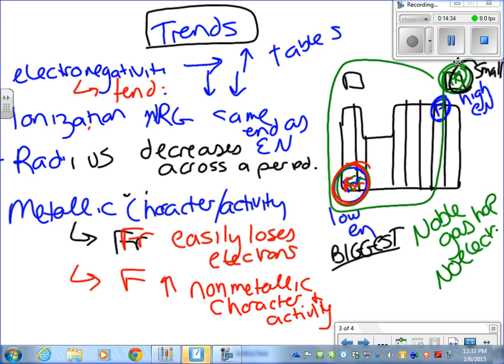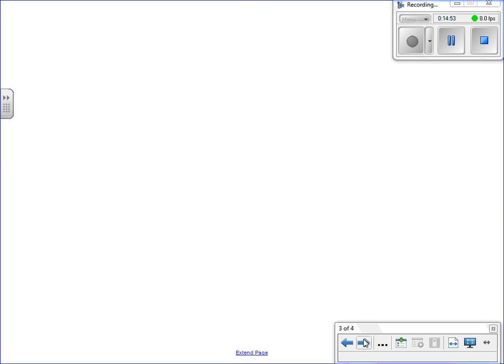Again, we're not including the noble gases in this analysis because noble gases have no activity. They do not play in the chemistry game, remember? They do not react. They don't need to. They have a full valence shell. The rest of the elements in the periodic table react because they need to have a full valence shell. Okay, so that's kind of how it works.